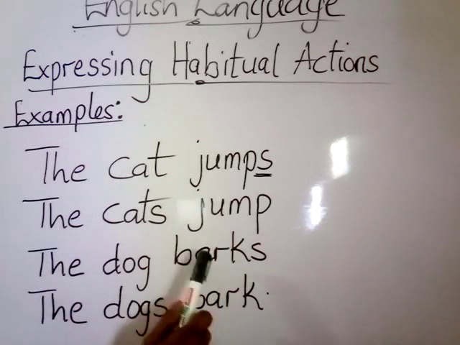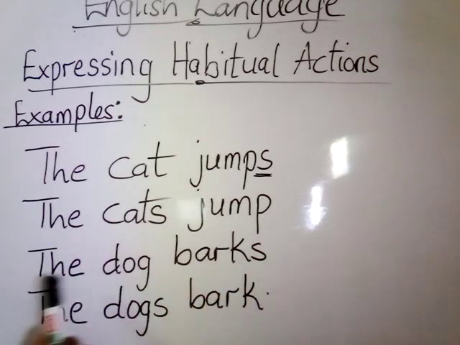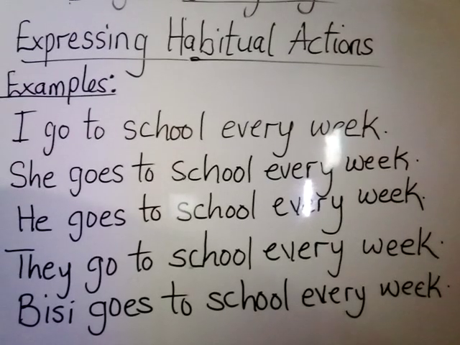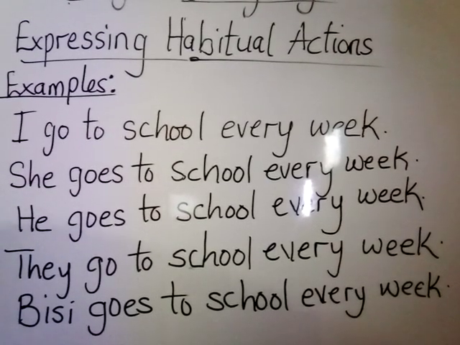Okay, the dog barks, one dog, the dog barks. But more than one dog, you say the dogs bark. Okay, the dog barks, the dogs bark. All right, so let's look at our last set of examples.